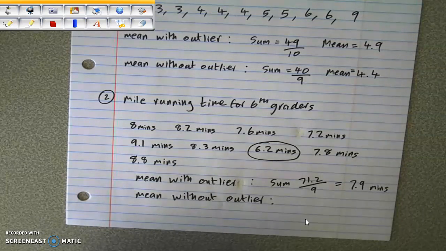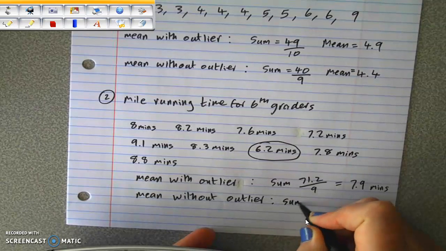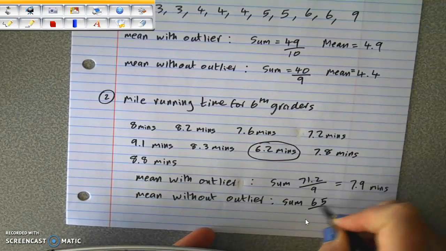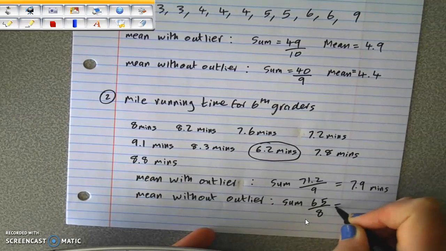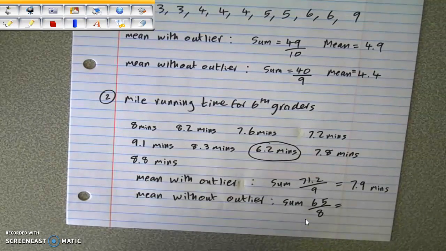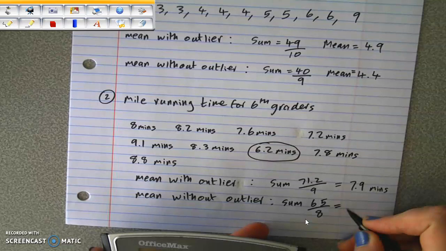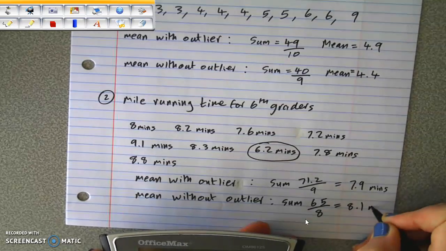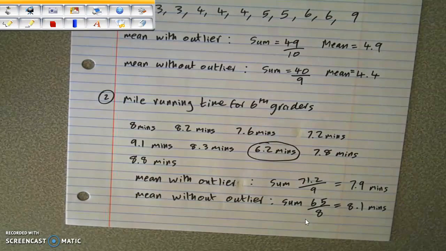So I'm going to do 8 plus 8.2 plus 7.6 plus 7.2 plus 9.1 plus 8.3 plus 7.8 plus 8.8. So this is a sum of 65, and this time I only included 8 data items, so I'm dividing by 8. And it's about 8.1 minutes is the mean.